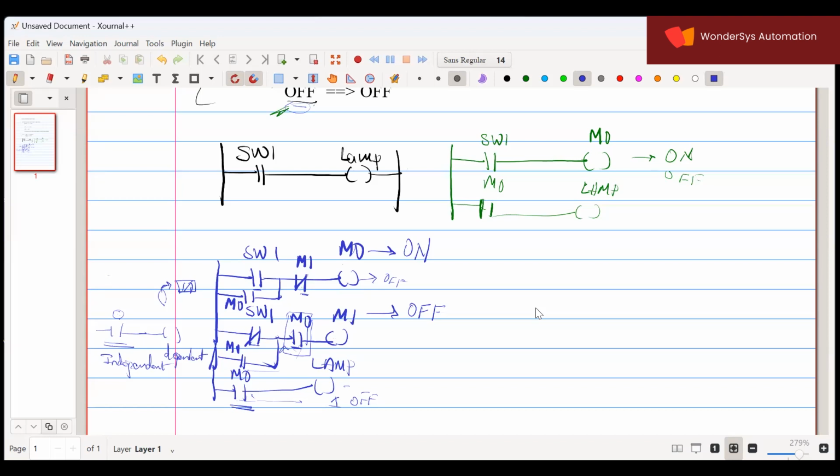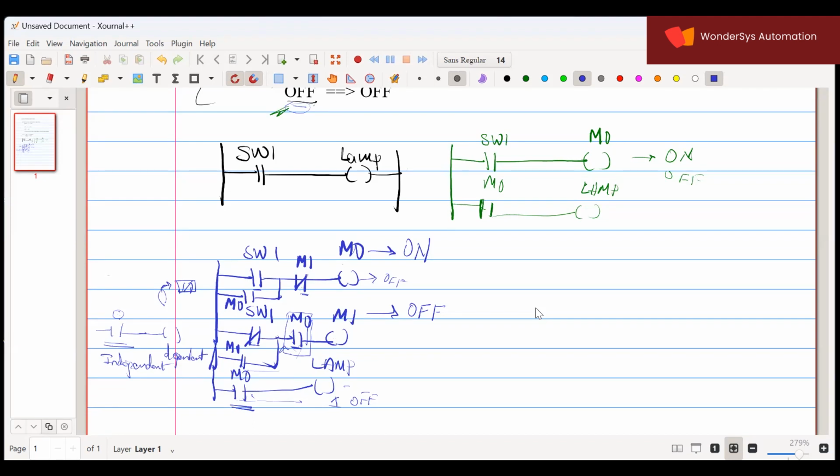Ma'am, here we are using M0 for motor and M1 for motor 1, so how did we repeat M0? Naming is your wish. You can call it motor, you can call it memory. But whenever you're using a specific PLC, there are dedicated memory addresses for each PLC. For Omron PLC, it is 10.00.